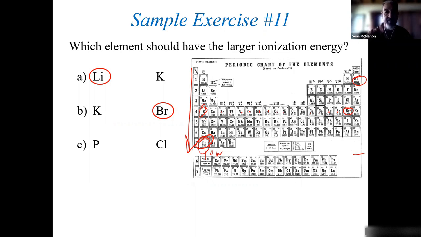Okay, what about between phosphorus and chlorine? Same energy level. Which one has more protons? Which one's closer? Which one's closer to that noble gas for that energy level? Which one's closer to argon? Chlorine, larger ionization energy.